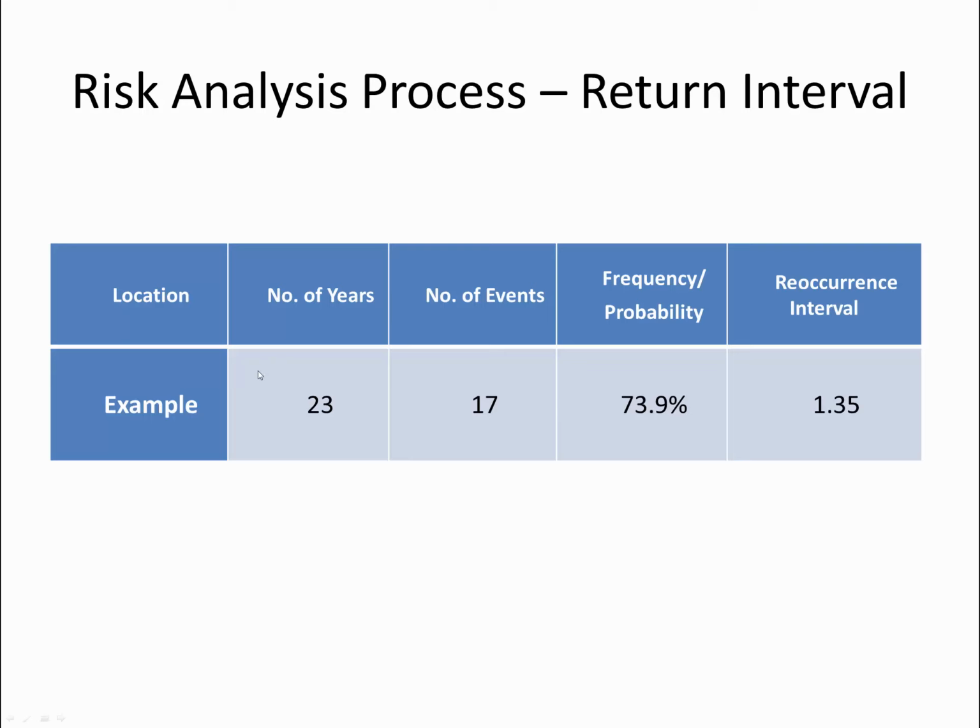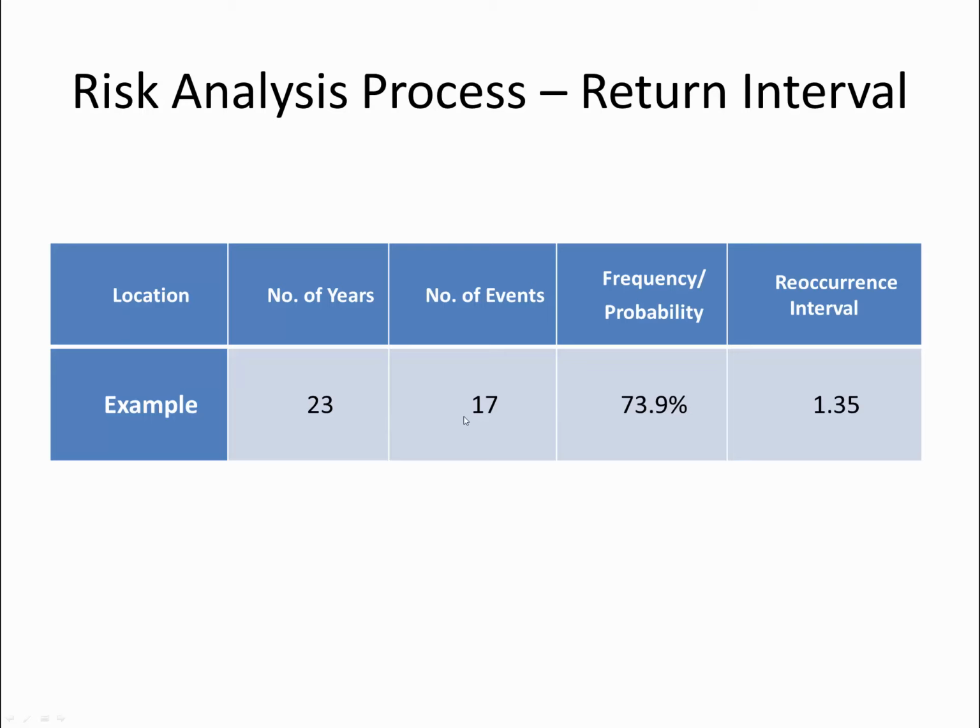The risk analysis process is based on the determination of the hazardous event return interval. This is an illustration of how the return interval is determined. To determine the return interval, we examine the number of events which have occurred over a recorded period of time.